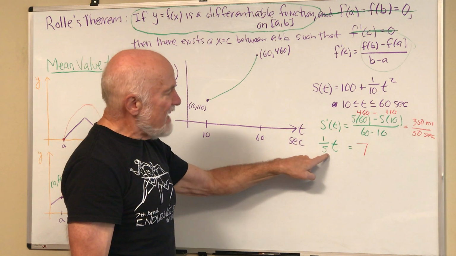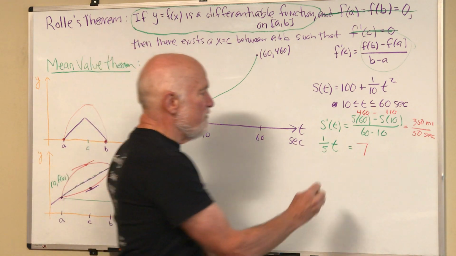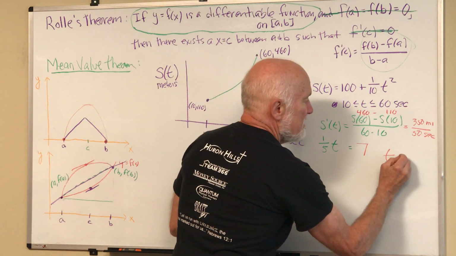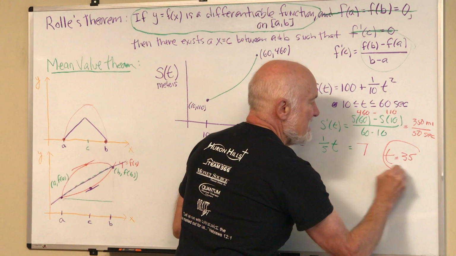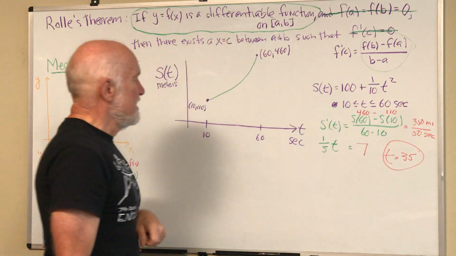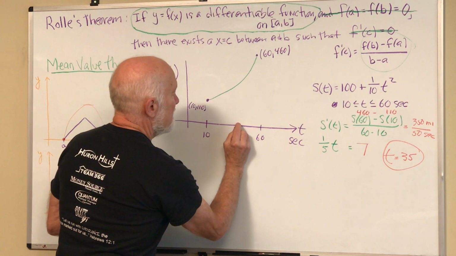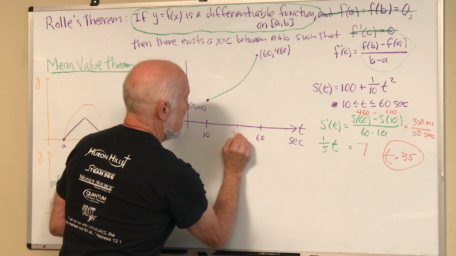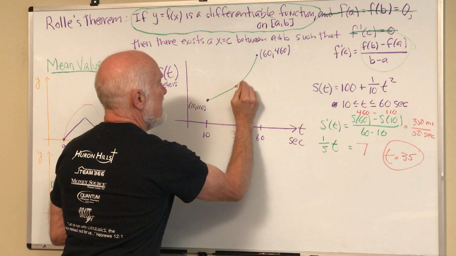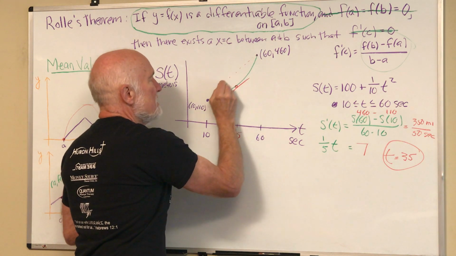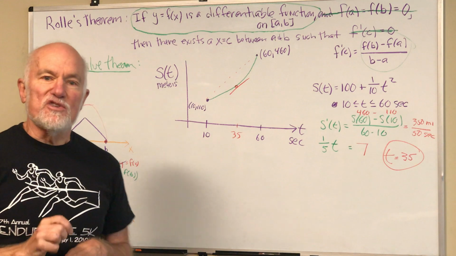So that's the instantaneous velocity. And if you solve it, with some fairly easy algebra, you get t equals 35. So on the 35th second, we're saying the instantaneous rate of change is equal to the average rate of change.